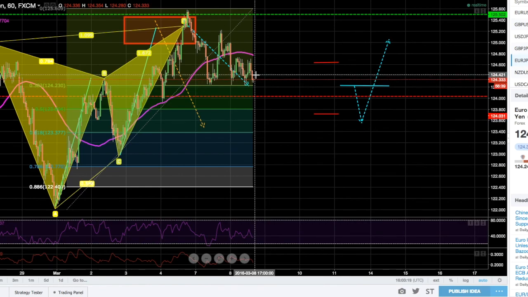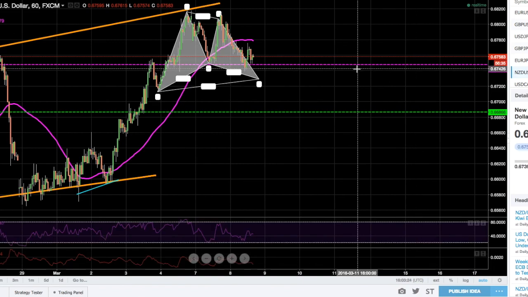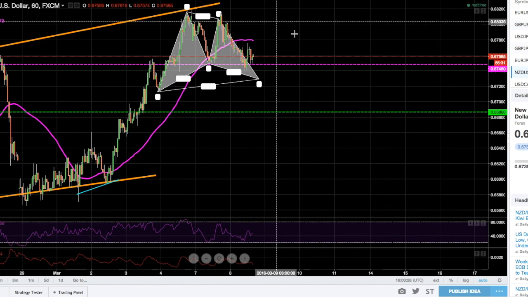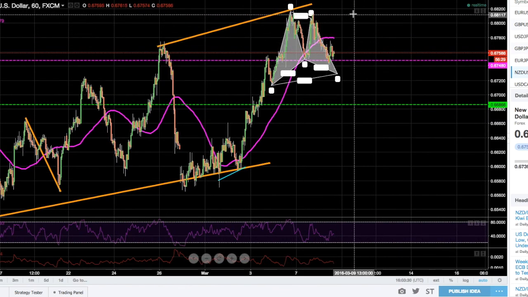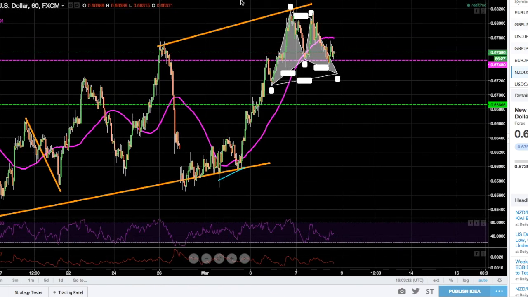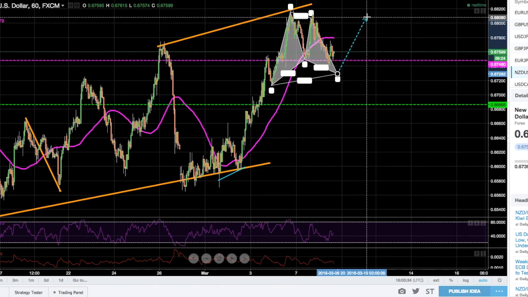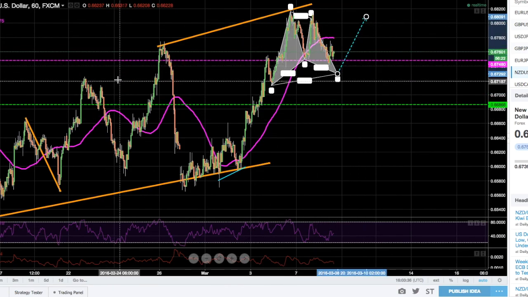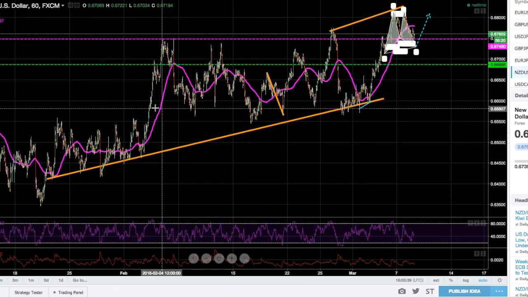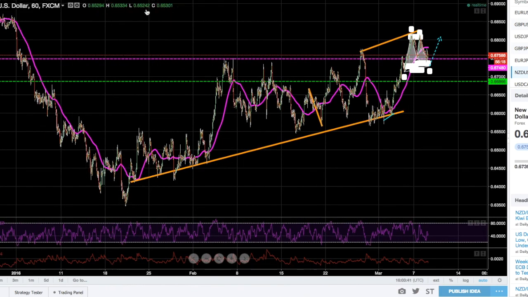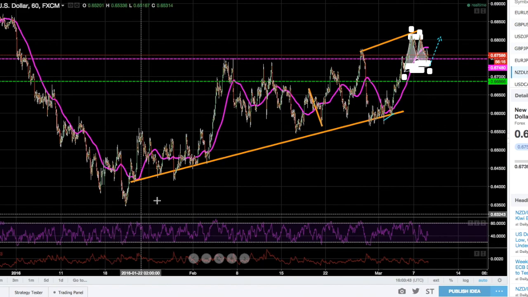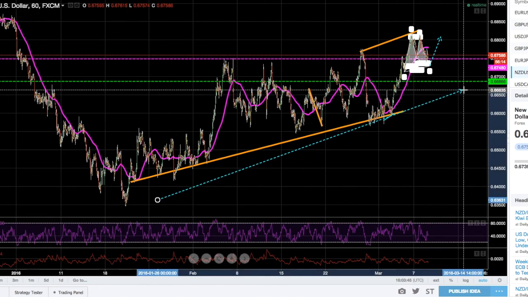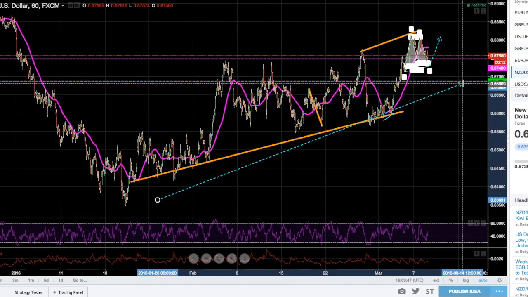The last thing I want to show you guys was on the New Zealand dollar, US dollar, where we have a Gartley pattern setting up right here. This is a nice pattern to go long at, just because if you can see how the market has been acting, it has just been in an upwards position.